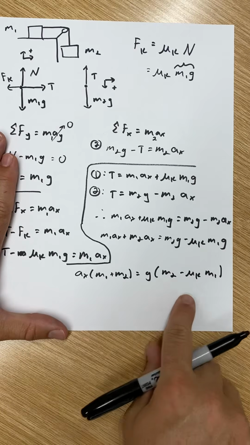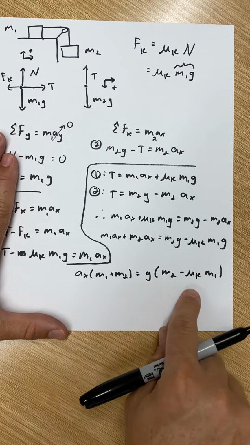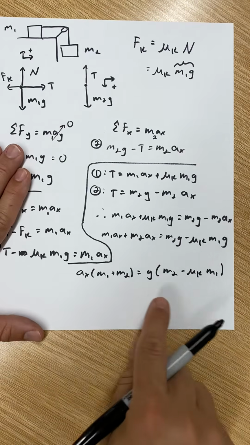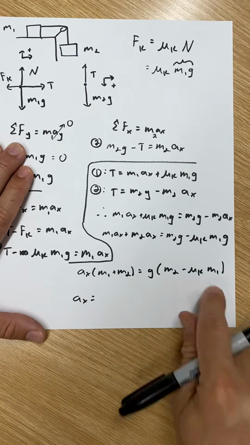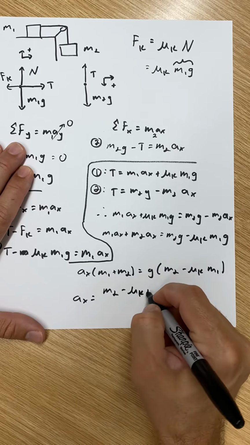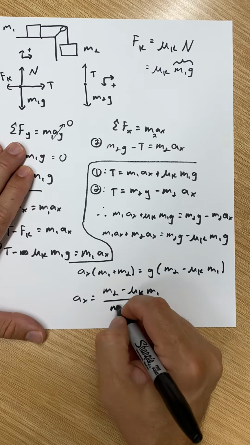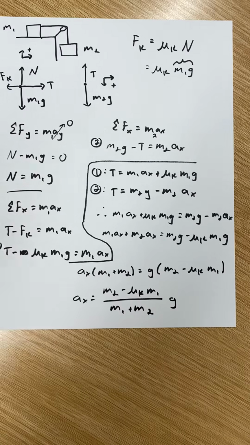I'm going to divide the parenthetical term here by the parenthetical term here. I'm going to put that first so I can compare it with my previous answer a little easier, because in the previous answer I put it first. What I get though is this: a sub x is equal to this parentheses, m2 minus mu k m1, divided by m1 plus m2, times g.